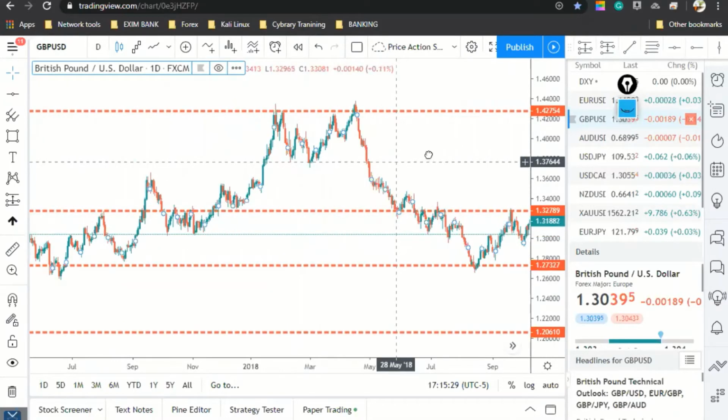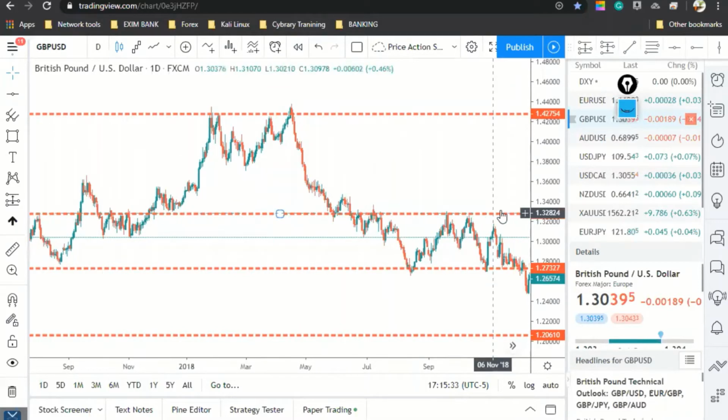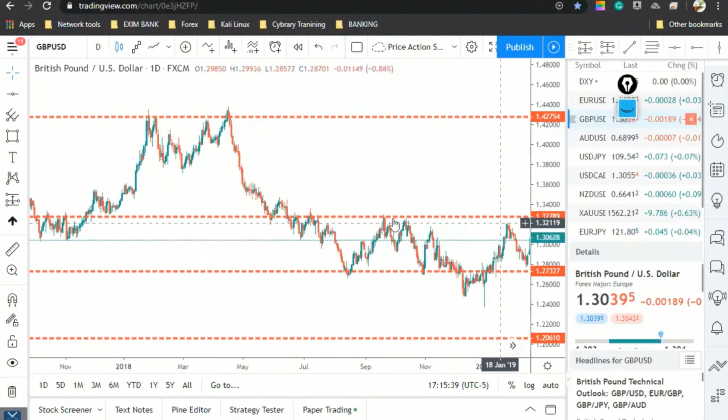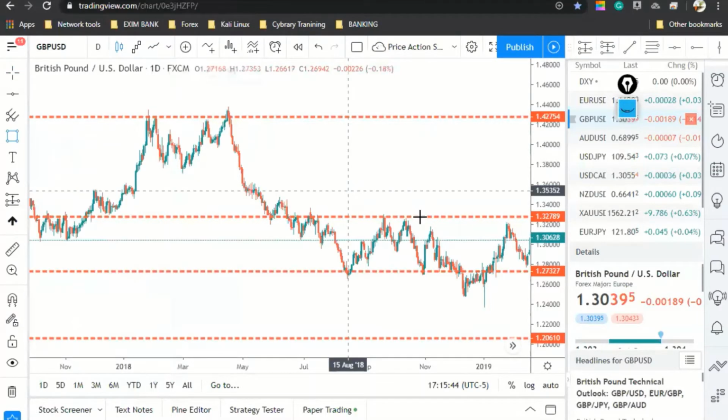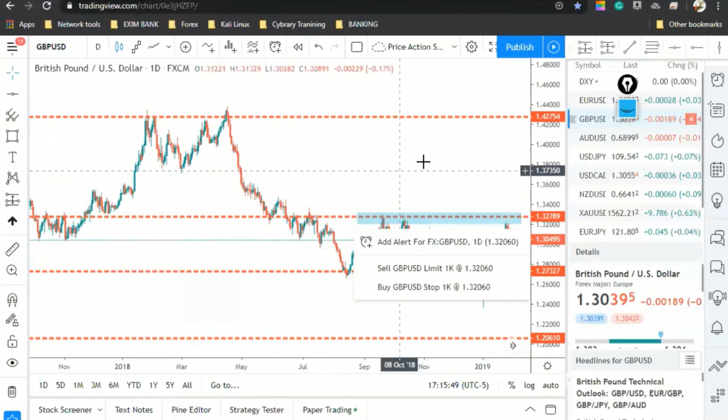So you go until price comes back up, looking for price to come back up to this area, and let's see what happens. Okay. So price tends to reverse or provide a trade opportunity around these zones.